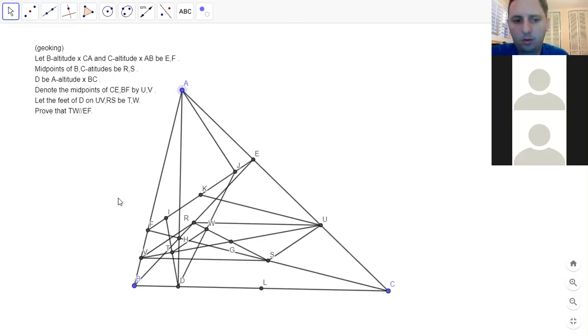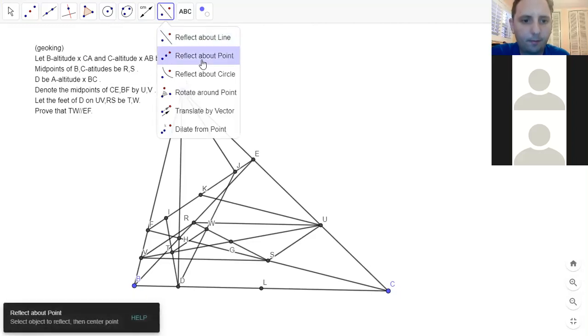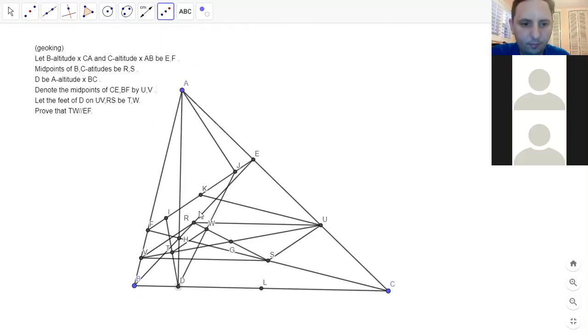Let's call D prime the reflection of D over R. Then BDED prime is a parallelogram.